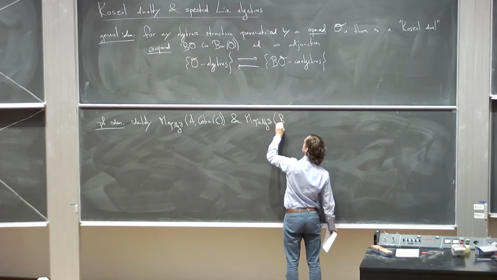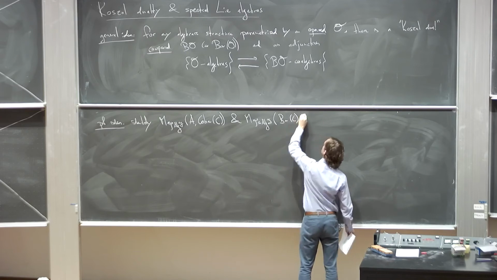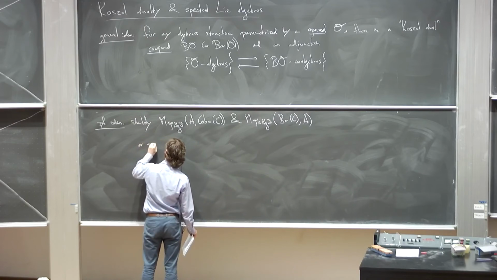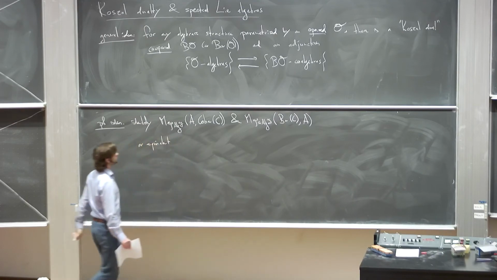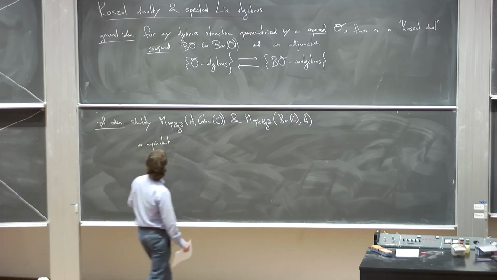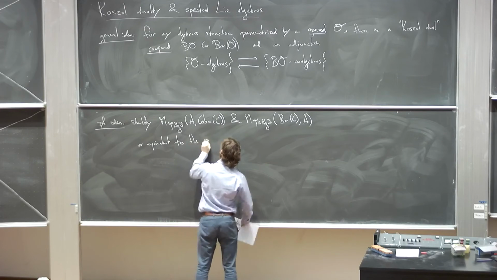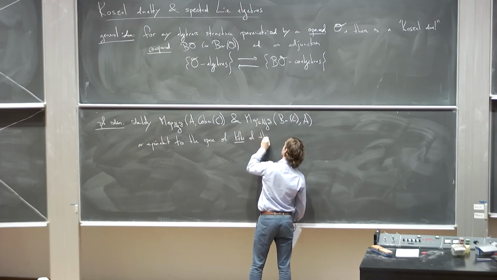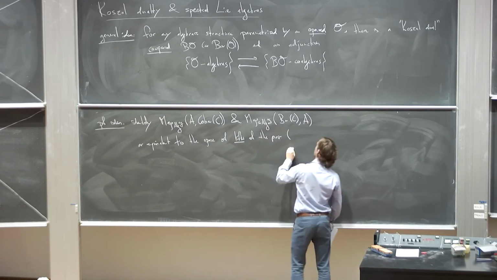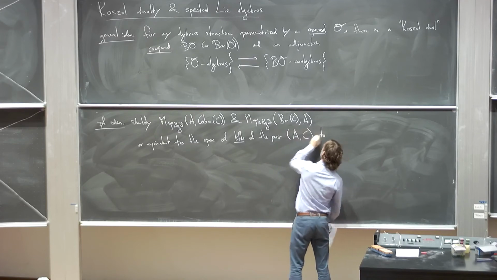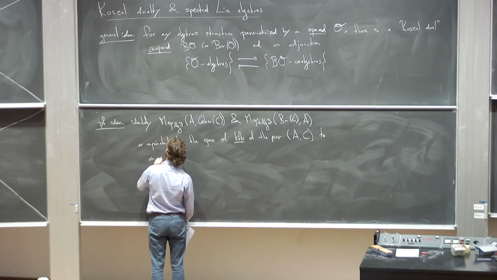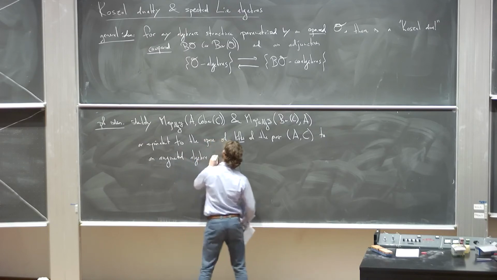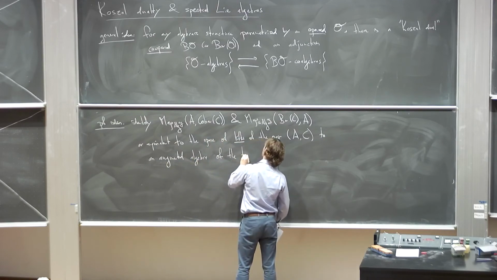To prove that there exists an adjoint pair with the desired properties, you prove that both of these spaces are equivalent to a single space that isn't biased towards one of the two sides, namely the space of lifts of the pair A comma C to an augmented algebra of the twisted arrow category.